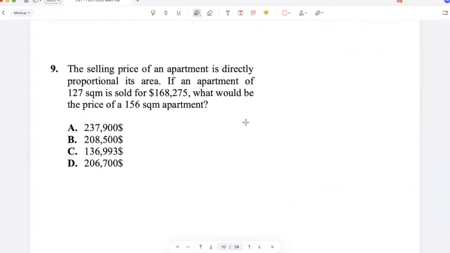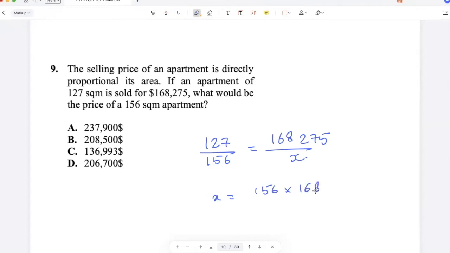The selling price of an apartment is directly proportional to its area. If an apartment of 127 square meter is sold for this, what would be the price of a 156 square meter apartment? Okay, so let the price be X. So 127 by 156 is 168,275 by X. So X is 156 times 168,275 divided by 127.